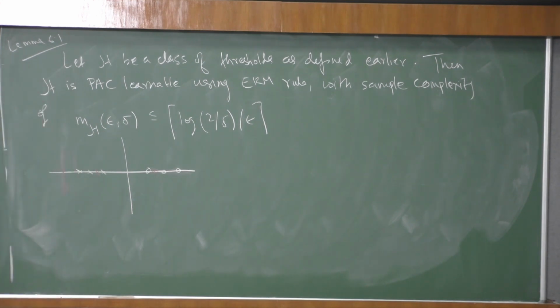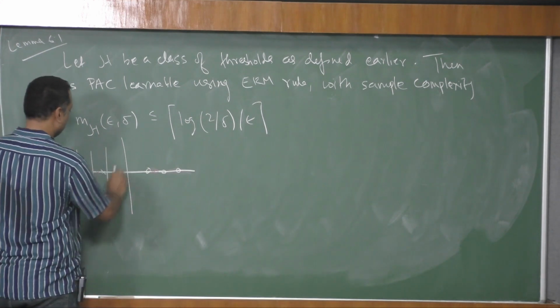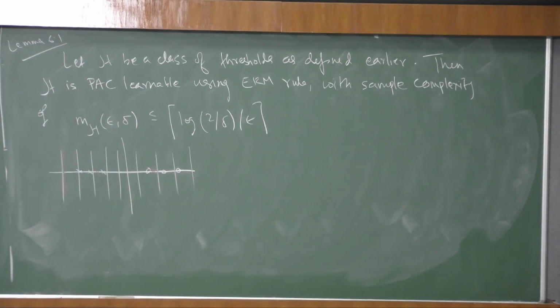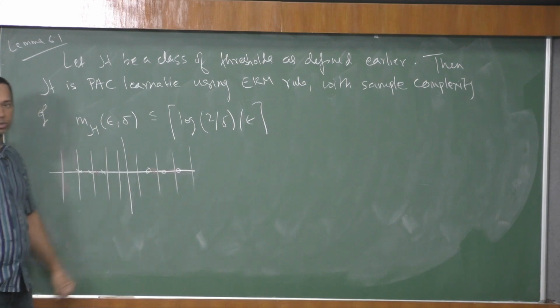h_a means the set of all thresholds; you are allowed to have any of these to figure out which is the good cutoff for you. Looking at the data points, remember that it is told to you that these are x and these are 0.